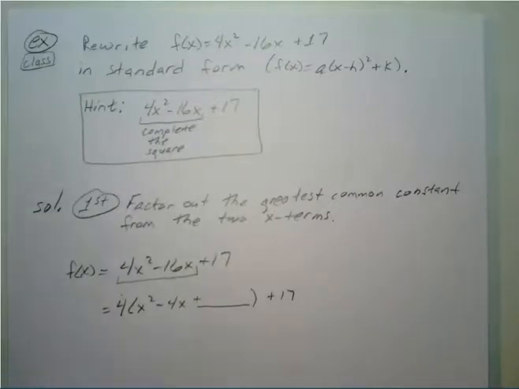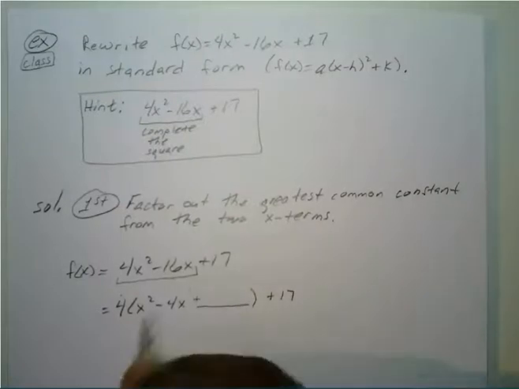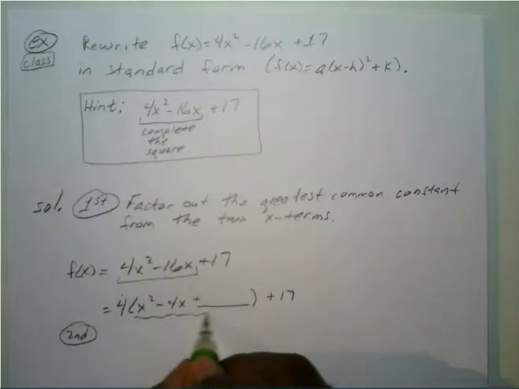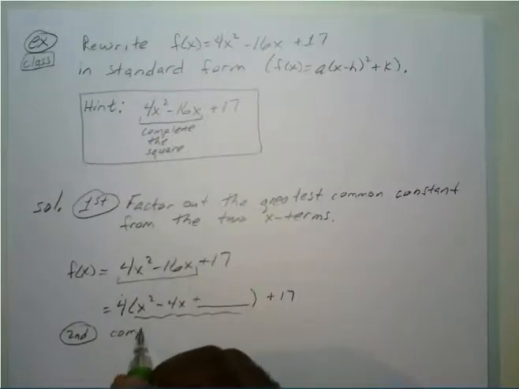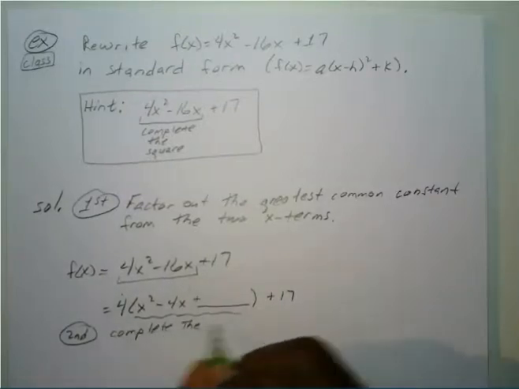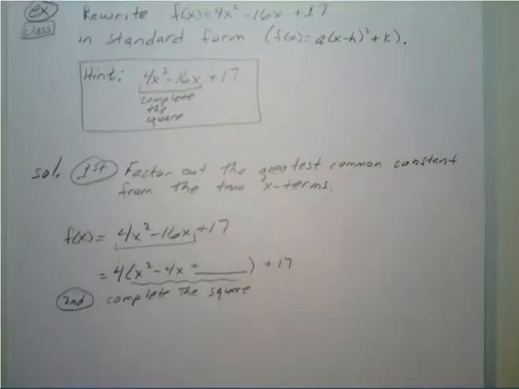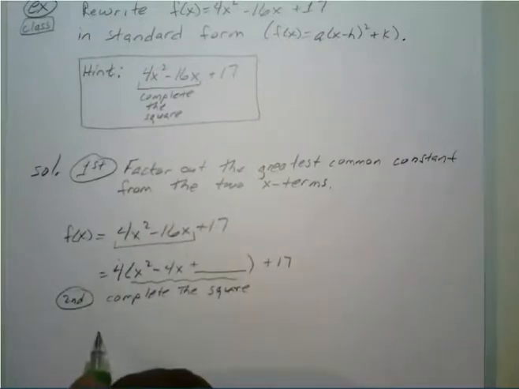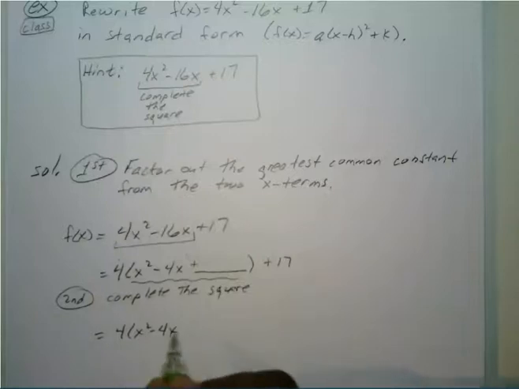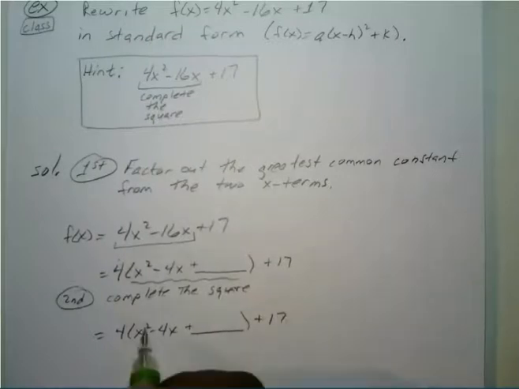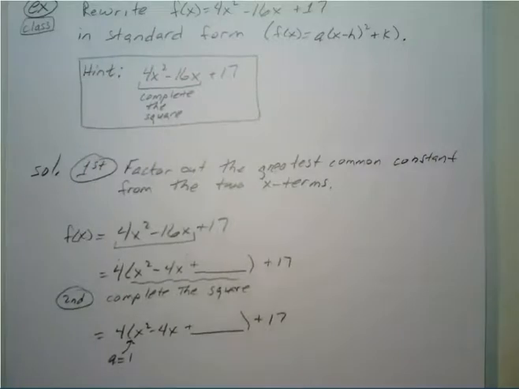Okay. So this is where we do our completing the square. All right, so go from here to here. So you have 4, I'm just going to rewrite it, x squared minus 4x plus some value plus 17. Okay, so we see here that our a is equal to 1.